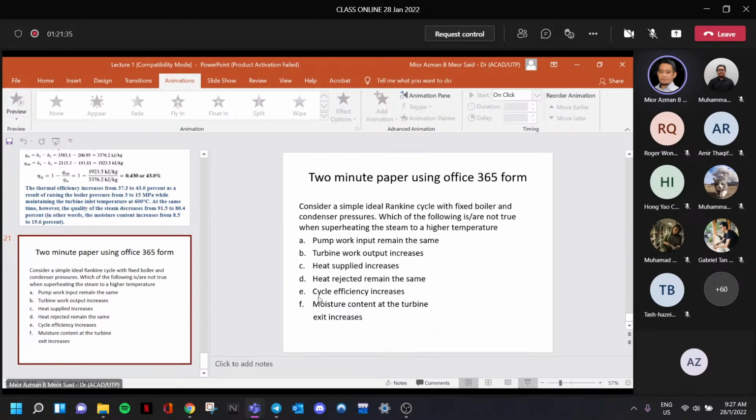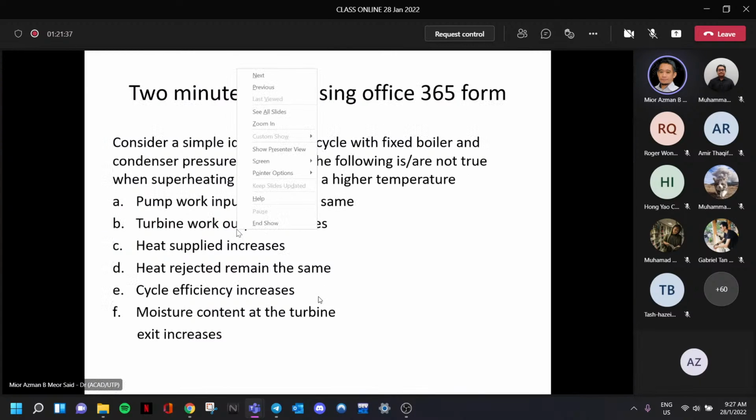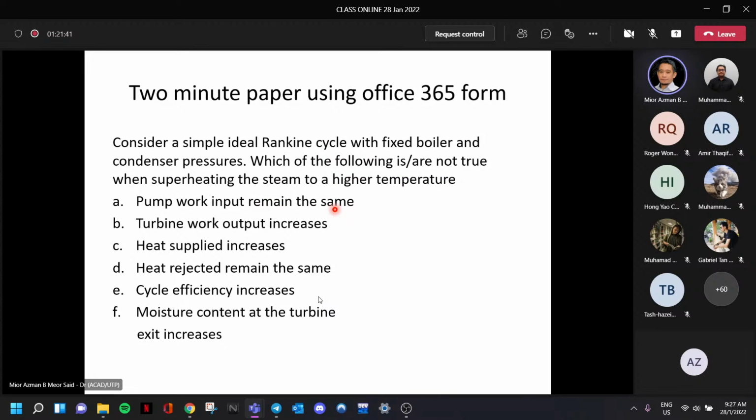Just make it simple: true or false? Pump work input remains the same. You increase the T3 temperature, and the pump work input remains the same. Yes, so it is correct, because your pump is 1 to 2, you just increase 3.